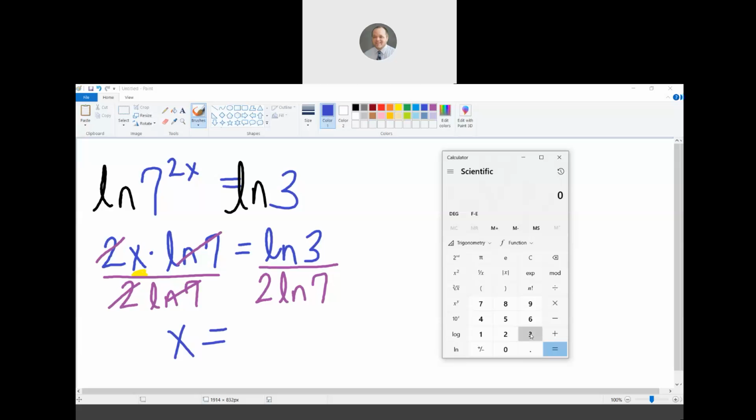So I have to do mine backwards. 3 natural log, and then divided by, and I need parentheses, 7 natural log times 2. So let me mash equal.